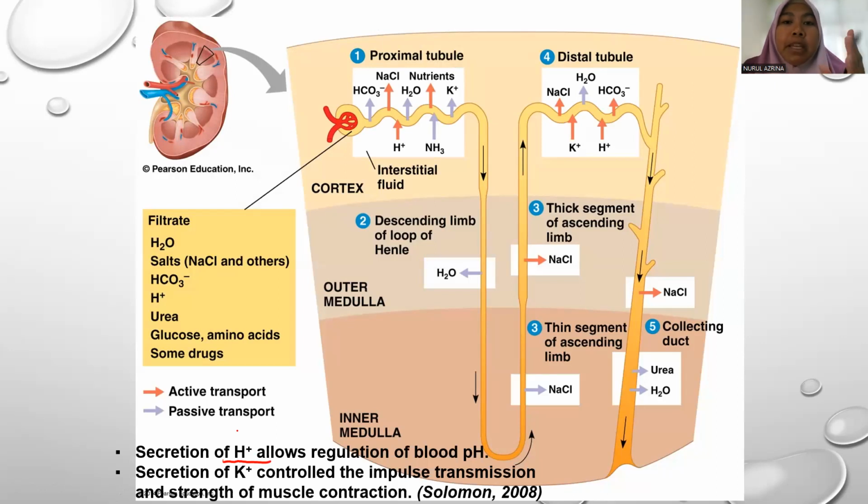If our blood pH is too acidic, hydrogen ion from the blood will be secreted into the tubule so that the blood pH can be increased back to the set point. Similarly, the secretion of potassium ion is to control impulse transmission.